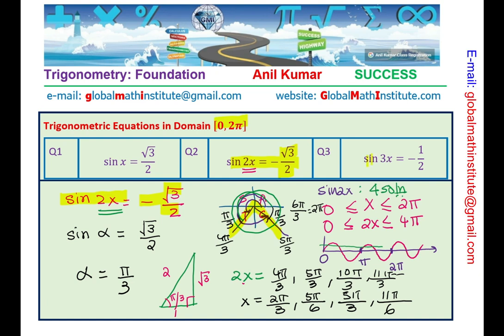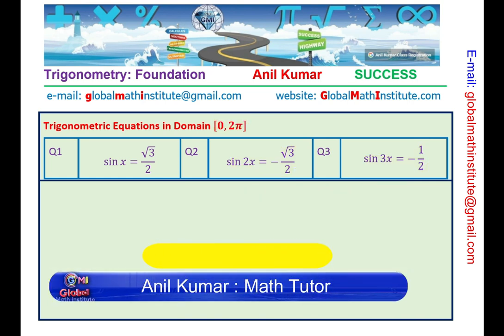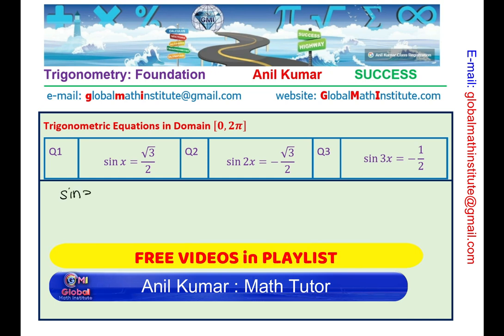Now let's look into the last example, where we have sine 3x. Let's see how we do that. So here is a fresh page for you. Sine 3x equals negative half, right?